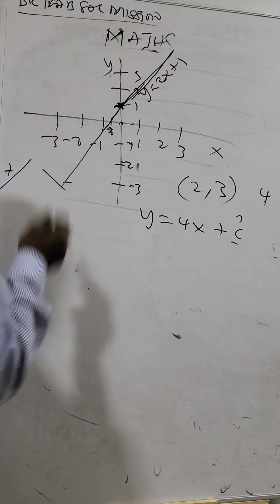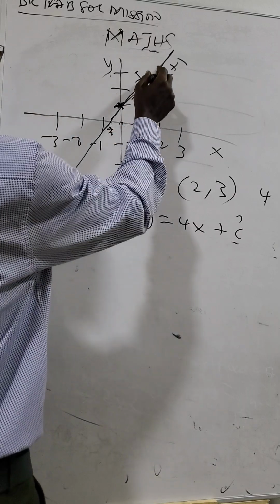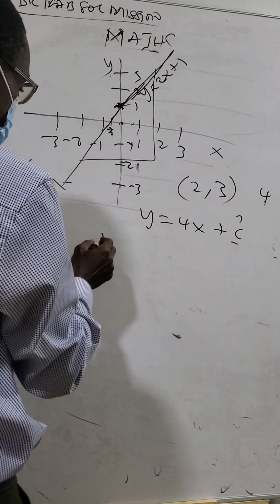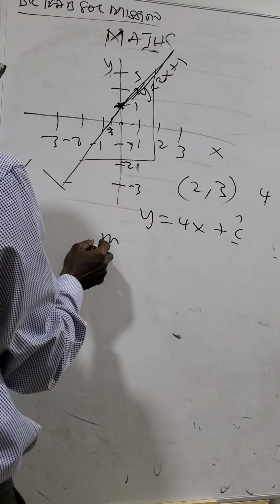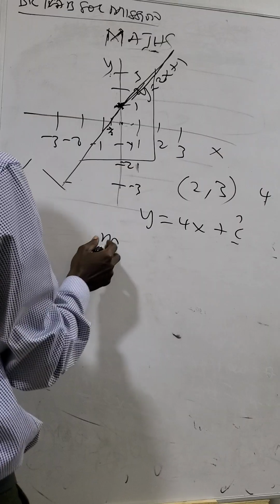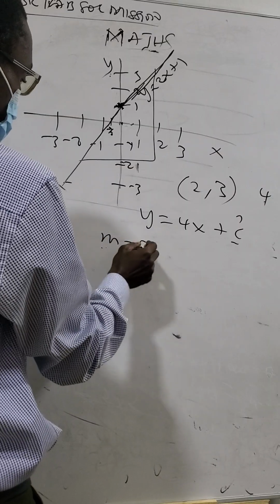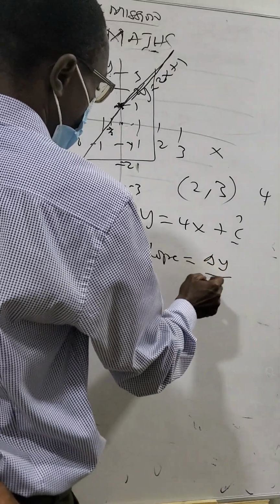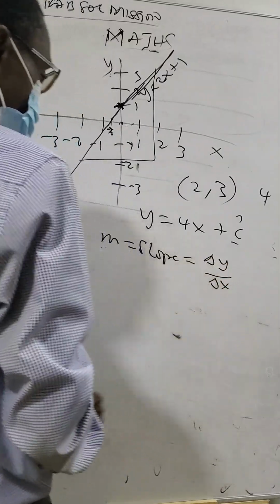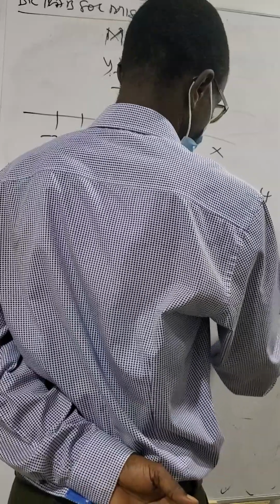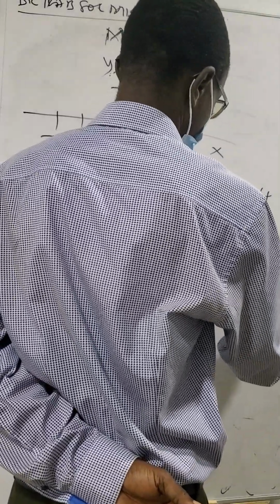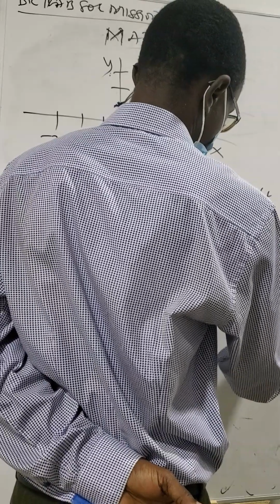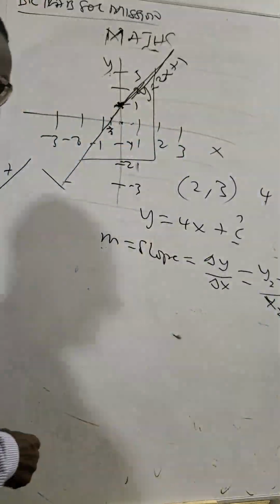What we know is that for the equation that we have, let's say m is the gradient. The gradient is equal to the slope, and that slope is equal to change in y over change in x. So change in y means y final minus y initial, over x final minus x initial.